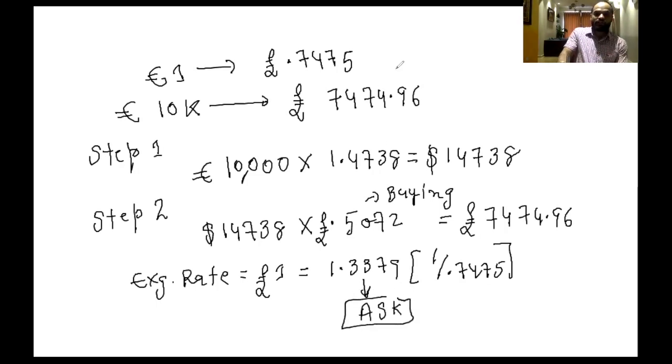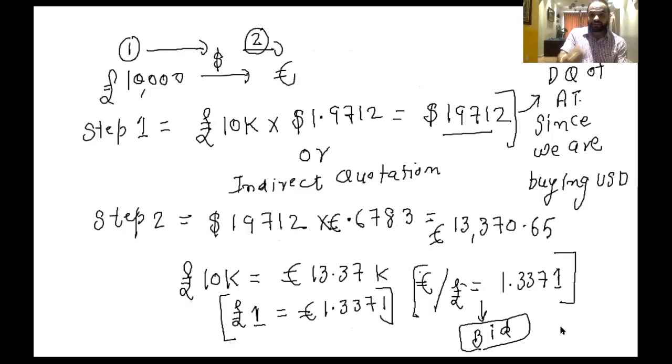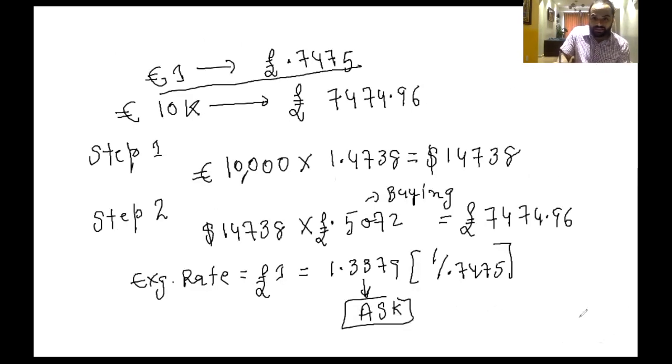Because if I leave my answer using this rate, that may not be equal to the American terms that we calculated here. We calculated using American terms, right? And if you use this exchange rate, 0.7475, this is European terms.